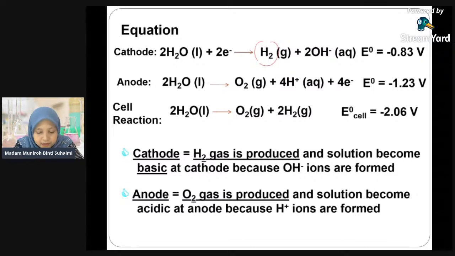At the anode, oxygen gas is produced and the solution becomes acidic because we have H plus ion. This is the product when we use an inert electrode.